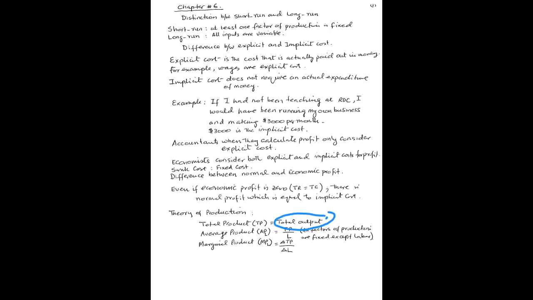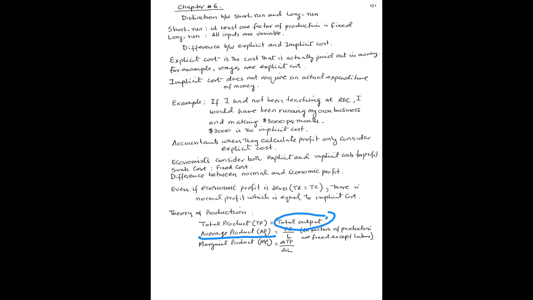Then I have average productivity of any one of these factors of production. So let's assume labor: average product of labor. From now on, I'm not going to say labor all the time, I'm assuming that I'm just taking labor only.